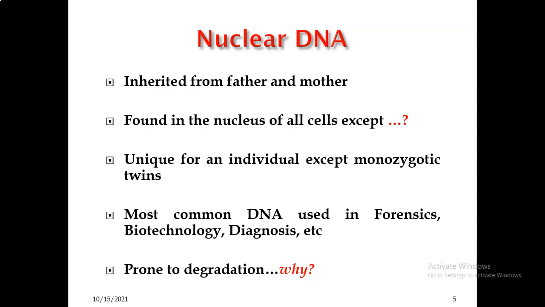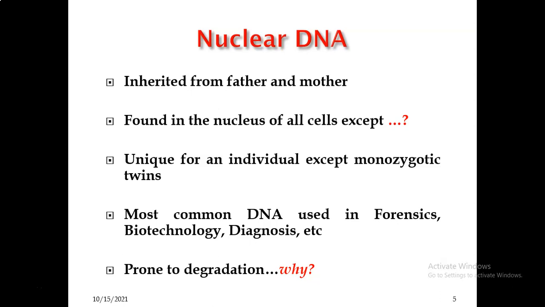But nuclear DNA is prone to degradation. And there's a question here, why? I hope you've answered this question. This is because when you pick a cell, there is only one nucleus.